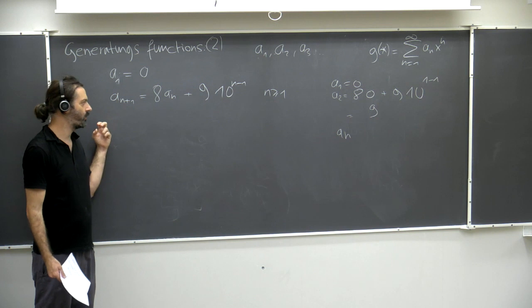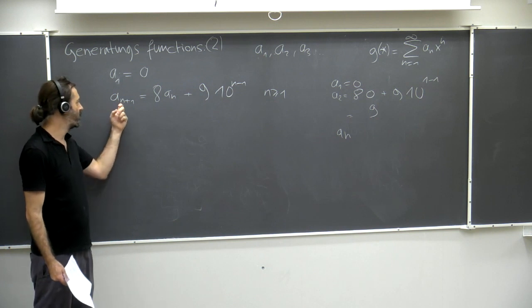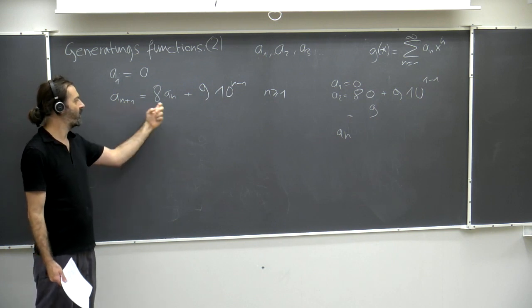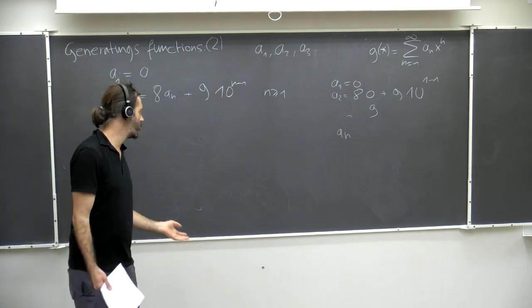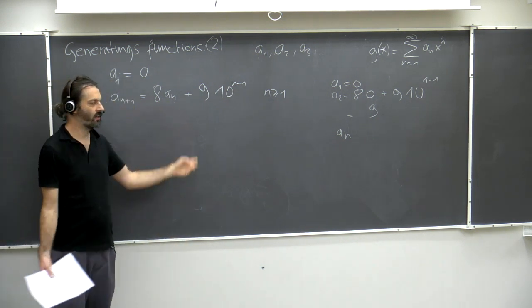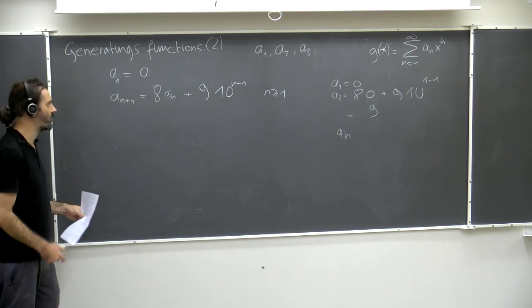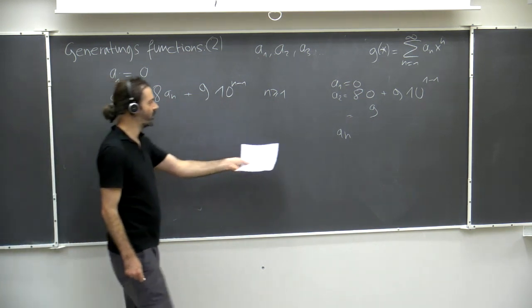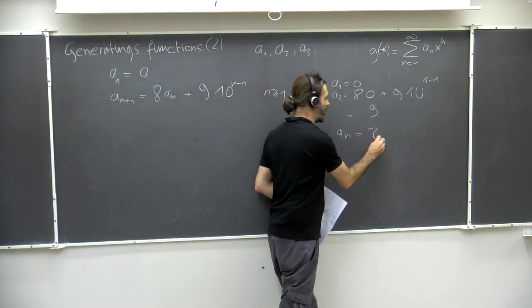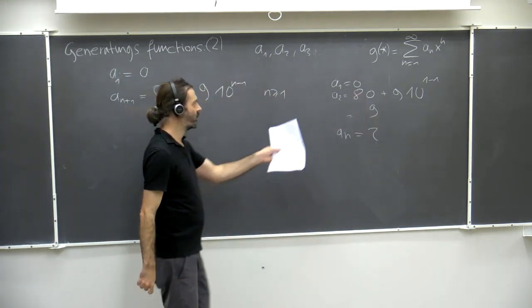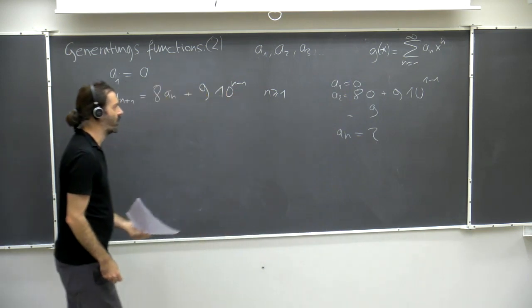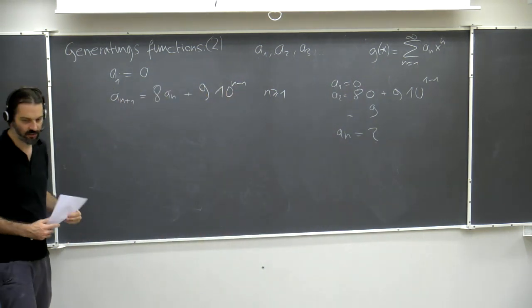The amount of floating point operations for an array of size n plus 1 depends on the amount of floating point operations it takes on an array of size n. Maybe you have a divide and conquer algorithm. In any way you're interested in a formula for a_n. And the way to go there is getting the perspective of generating functions.